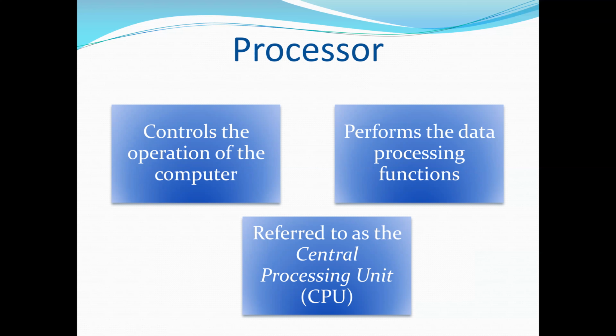This is why we always say that the processor is the brain of the computer. It controls the operation of the computer, and most important, it performs all the data processing, the decision-making, arithmetic operations, everything. We also refer to a processor as the central processing unit.